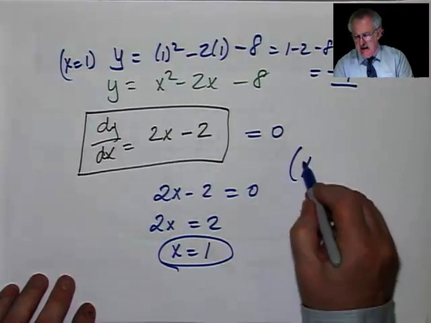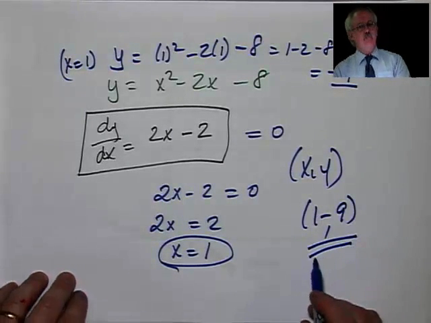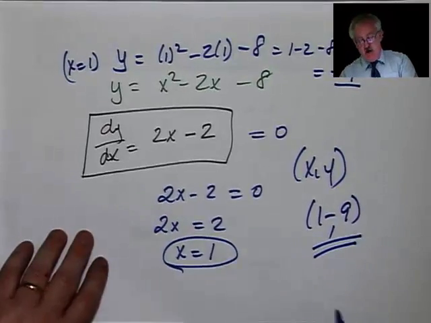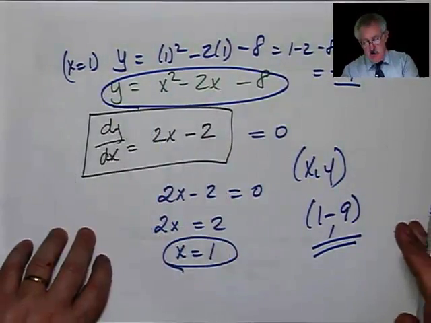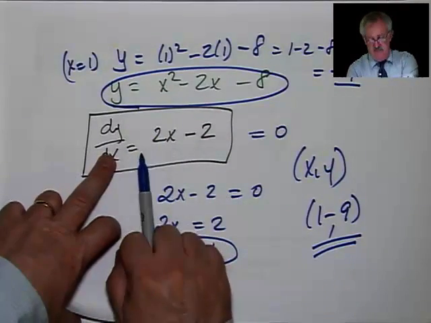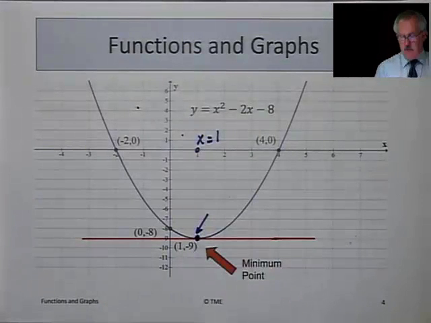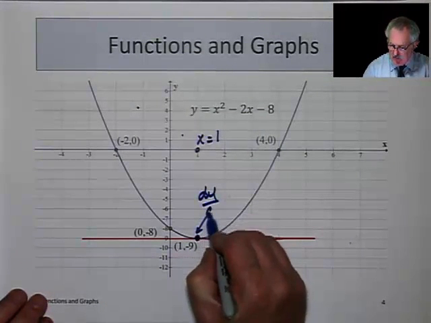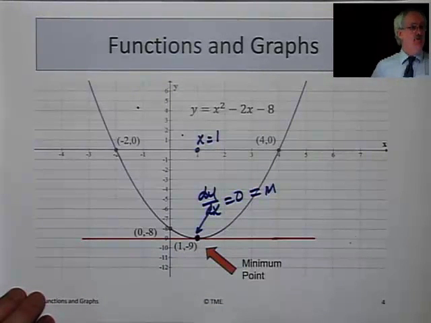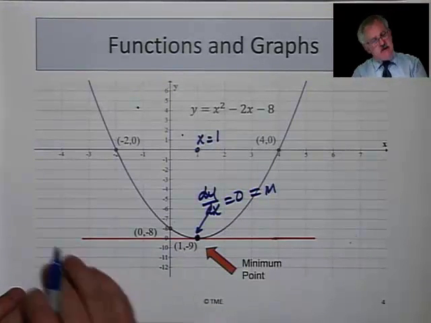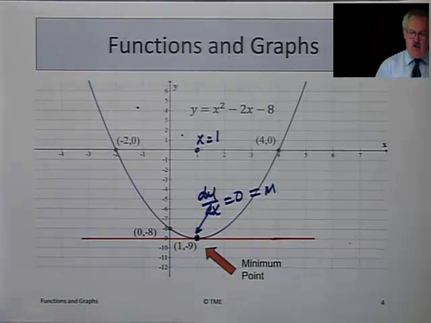So really what we're saying is the point (x, y) of (1, minus 9) is the point on the function, on the quadratic, where the slope of the function is 0. This is the only point where dy/dx is 0, where m is that, or tan theta if you want it. It's the only point where it's actually horizontal, the only point where the marble won't roll.